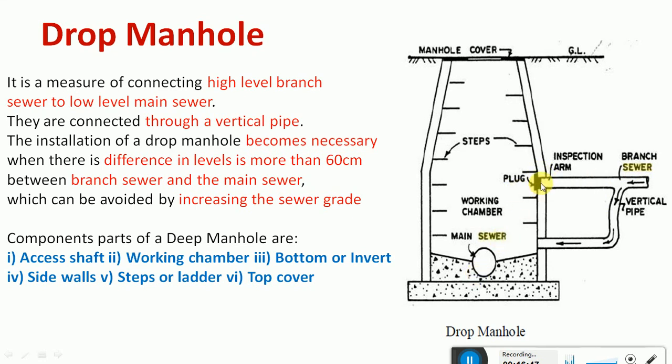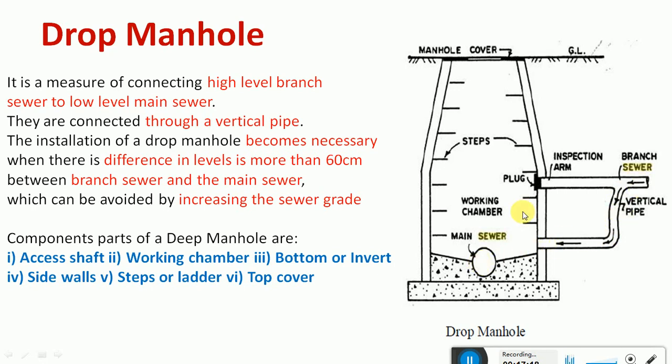If the gradient will not permit us to directly connect with a reasonable distance between the branch sewer and main sewer, under such circumstances we will provide a drop pipe, or a vertical pipe, which is called a drop manhole, as shown in the figure. Imagine this is a branch sewer running here, and this is the vertical pipe through which it is connected to the main sewer.